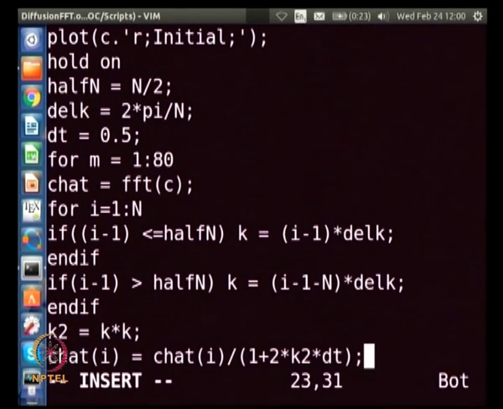Okay. You do not see why we should have a 2, no, it is d k squared delta t. So, 2 is not needed, at least not in this part.